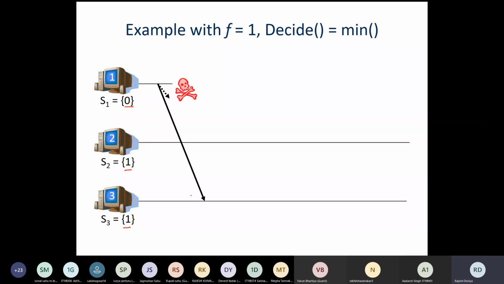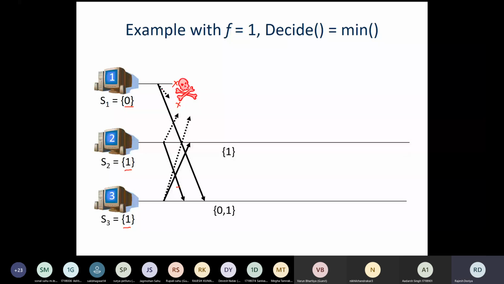So the value has reached S3, but the communication which S1 was trying to establish with S2 failed in between. Okay. Then similarly, S2 has tried to communicate with S1 and S3. Eventually, S2 has succeeded in communicating with S3, and S3 has also succeeded in communicating with S2. But S3 has failed to communicate with S1, and similarly, S2 has also failed to communicate with S1 because S1 thereafter has failed after sending the message.